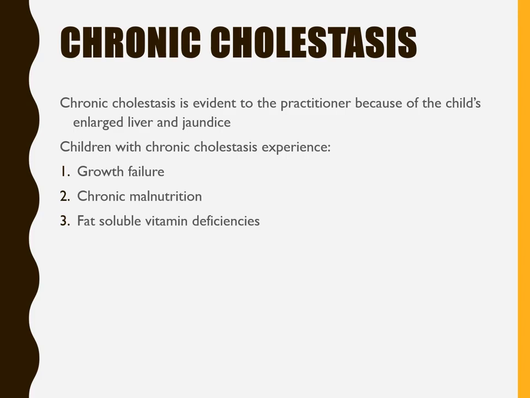Please remember that chronic cholestasis is usually coupled with jaundice, but it's not mandatory. Most of the time, we think about cholestasis when the patients are yellow, but this is not the case all the time.